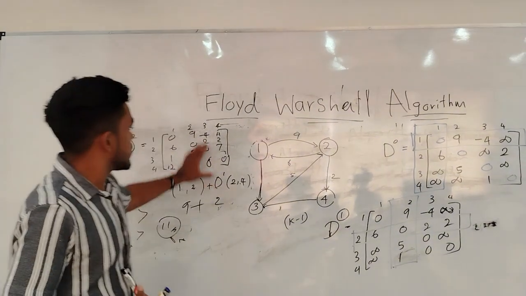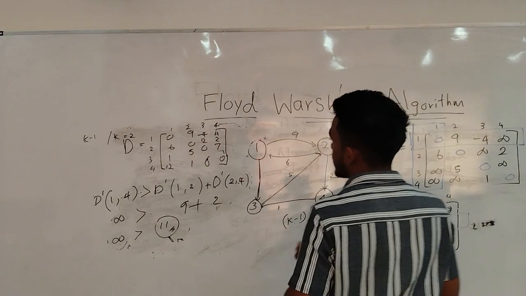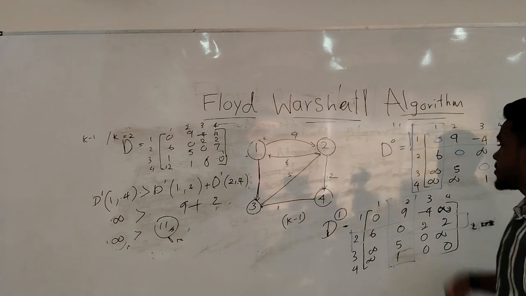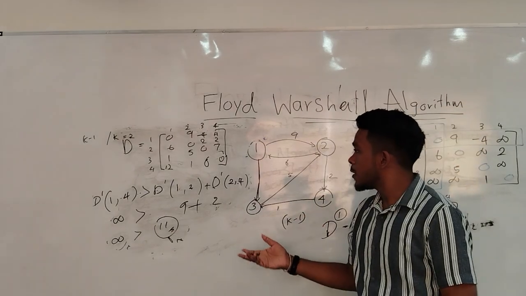So these are the values we get after completing our second matrix. So this process continues and continues.